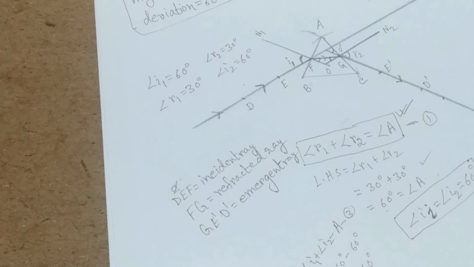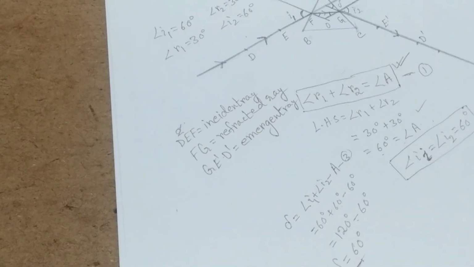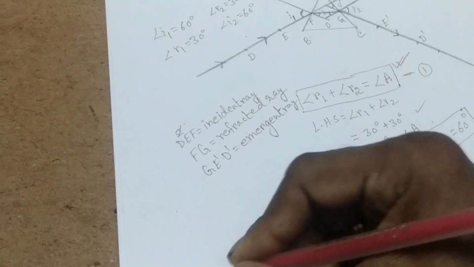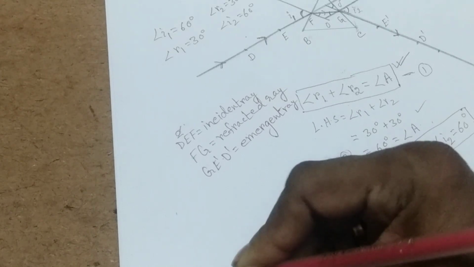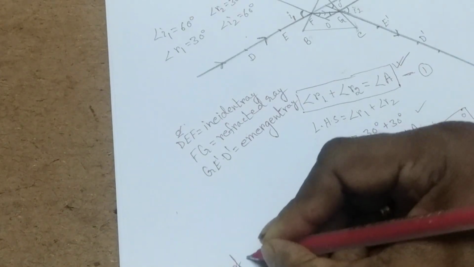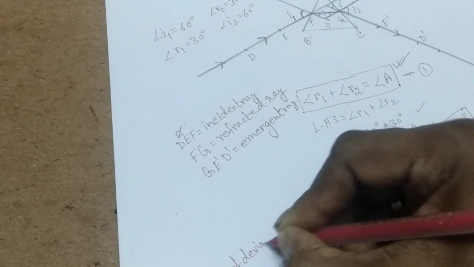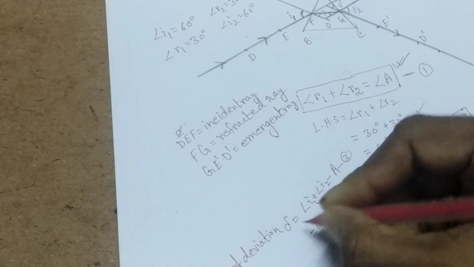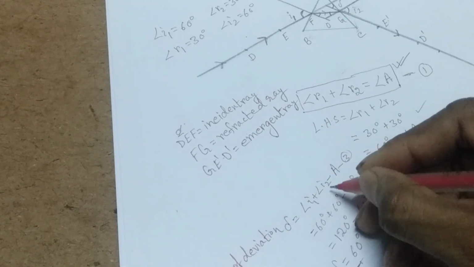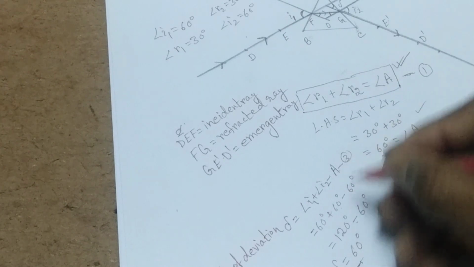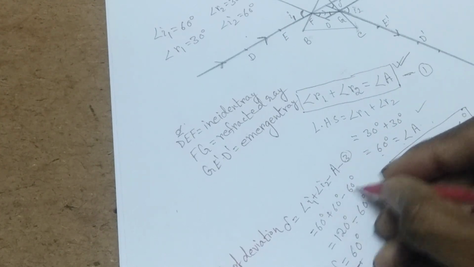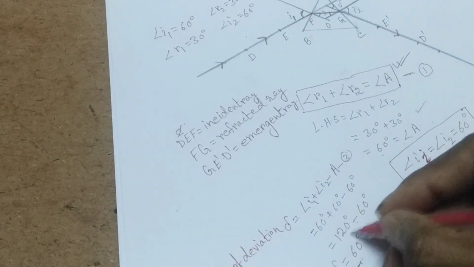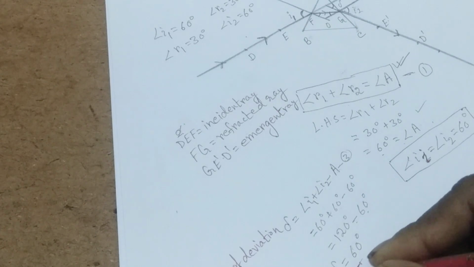And there is a third relation, that is del, or angle of deviation, is equal to angle I1 plus angle I2 minus angle A, that is 60 degree plus 60 degree minus 60 degree. 60 plus 60, 120, minus 60. Therefore, the angle of deviation we got is 60 degree.